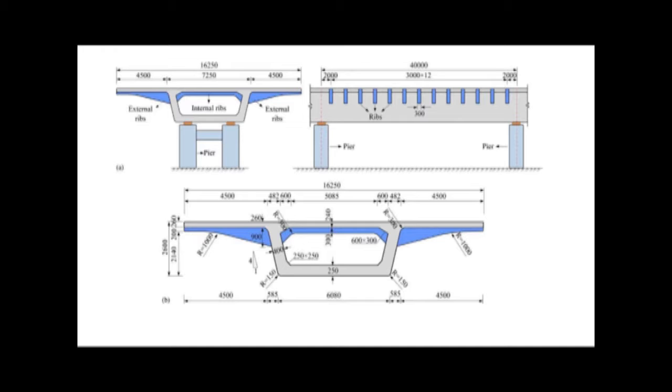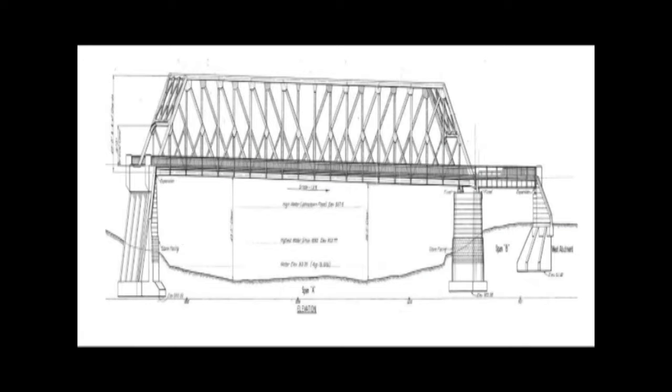The cross section of the pier is usually provided with a cutting edge towards the upstream, so that the water approaching the structure may be easily diverted along the peripheries of the pier. So there's a proper angle to that, either with a proper cutting edge or with a beveled edge.